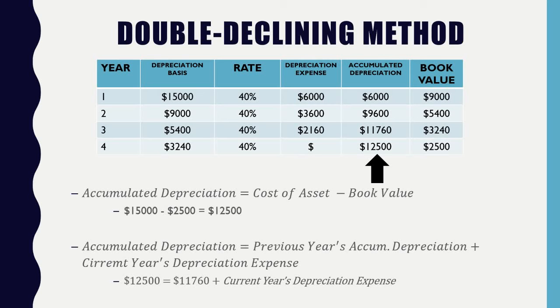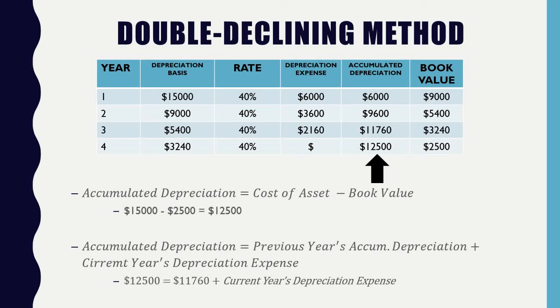Taking the formula for my accumulated depreciation, we know for a fact that it should equal my previous accumulated depreciation plus my current depreciation expense. Because I'm working backwards, I solve for my accumulated depreciation. Now I have another component in order to solve for my depreciation expense.